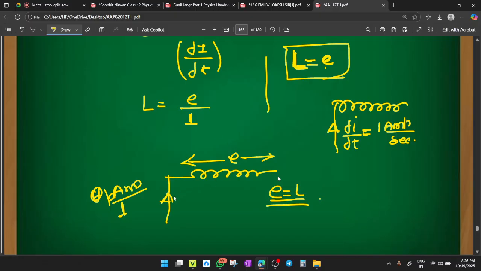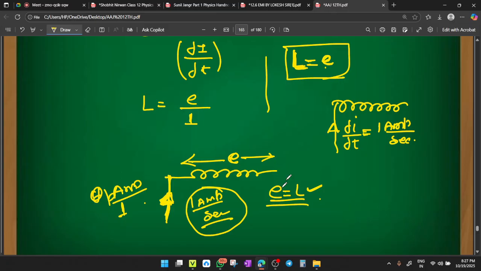Definitely there will be a flow of current, but it is a changing current.